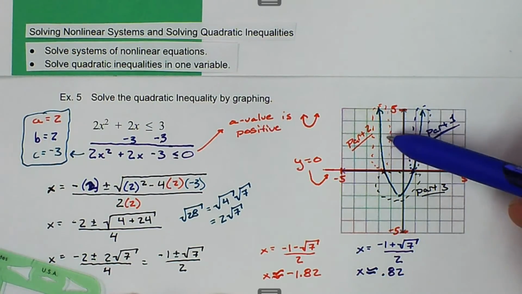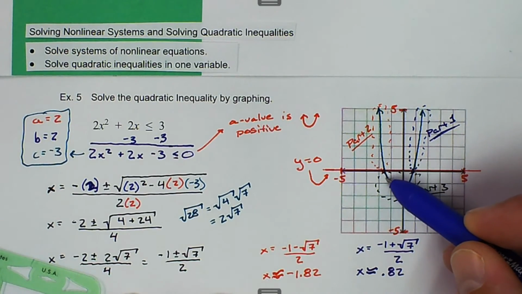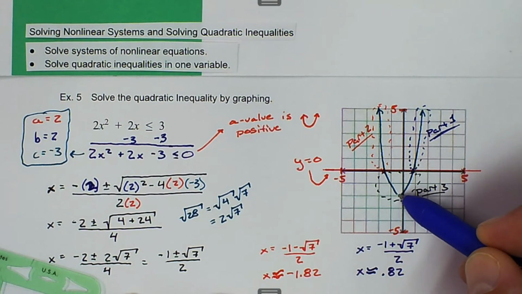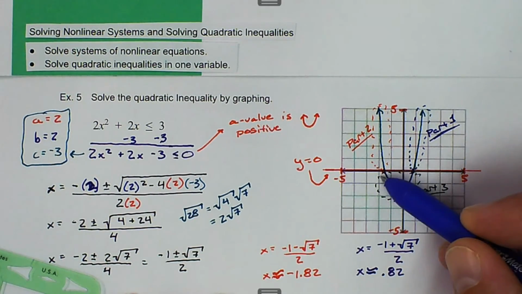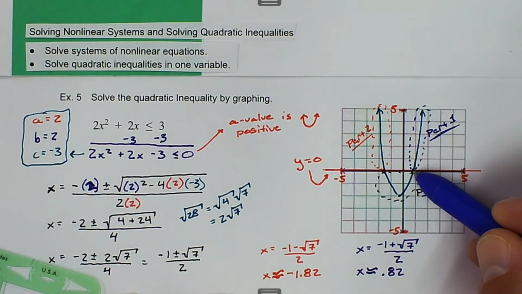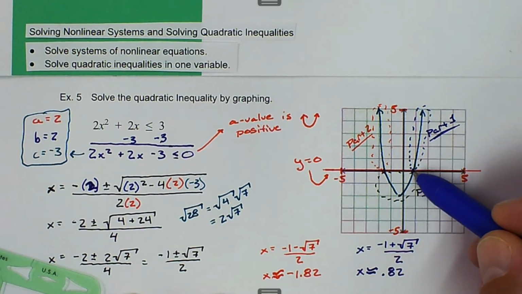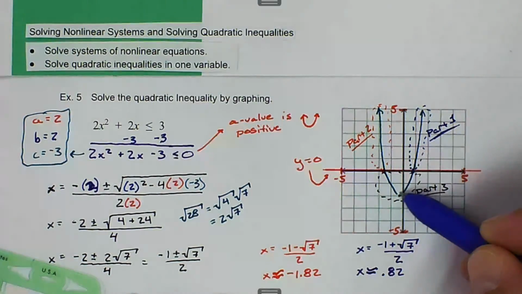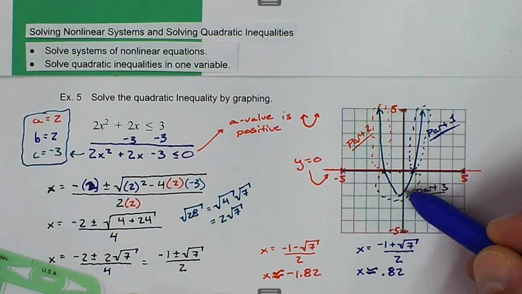So these parts are out. As we come down here, let's say that this is negative 0.5. This is negative 1.5. This is negative 2. All of these values from 0 all the way down to the vertex, every single point in between, are all less than 0.